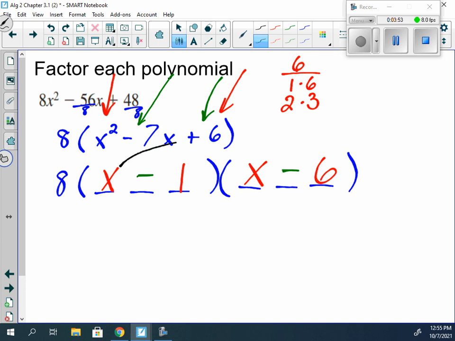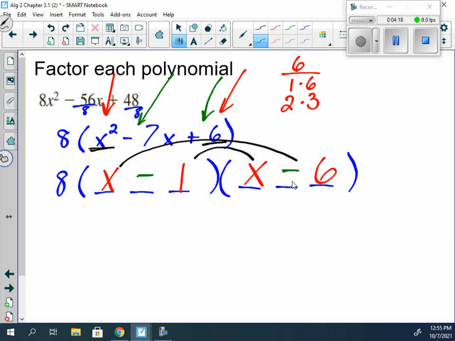And when we check it, we're really just using the distributive property to multiply out. Now we're not going to multiply everything because we already saw yesterday that x times x will get us back to x squared, because x and x are the factors of x squared. 1 times 6 is going to get me right back to 6 because those are the factors of 6. So the main ones we need to focus on are the middle.